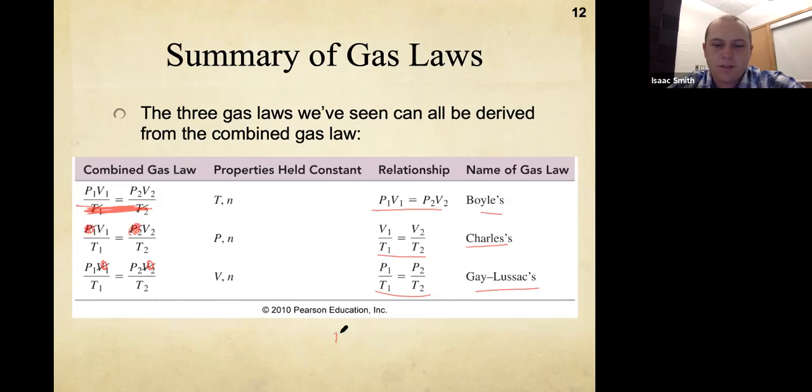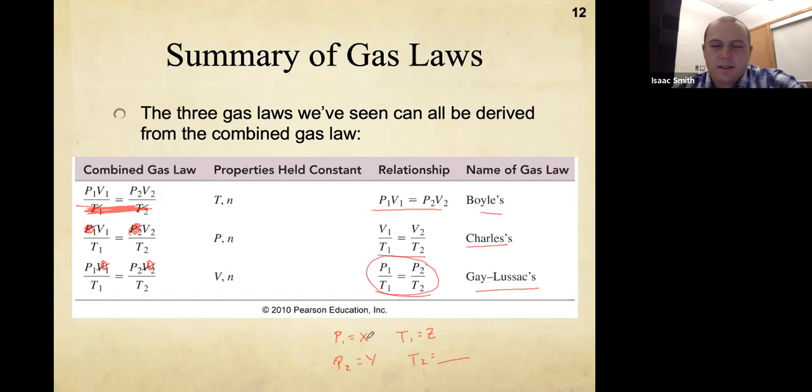If the problem gives you a P1 and a final pressure, let's say it's Y, and it gives you an initial temperature, which is Z, and then it asks what's the final temperature, well, you need something that relates only pressure and temperature, right? So you're going to look for this law here.